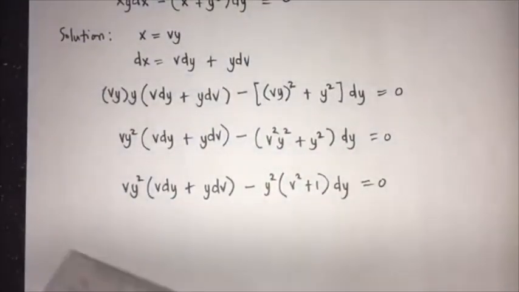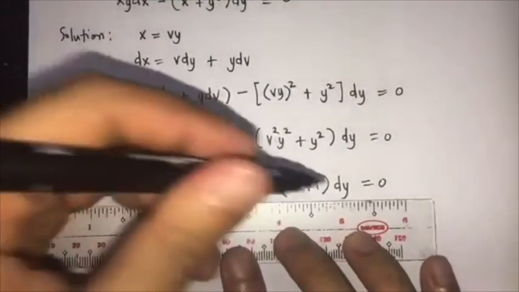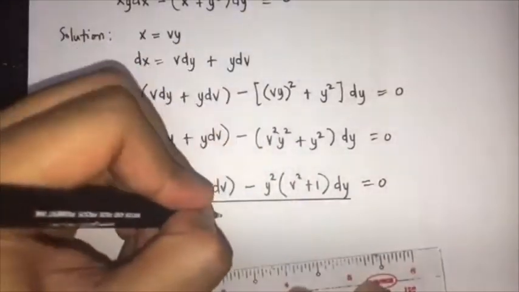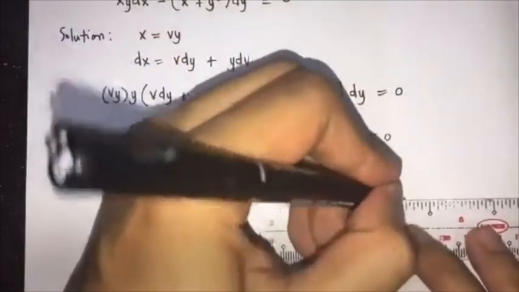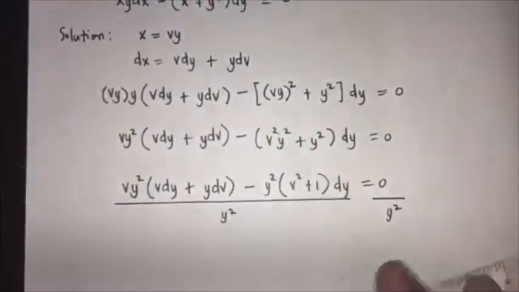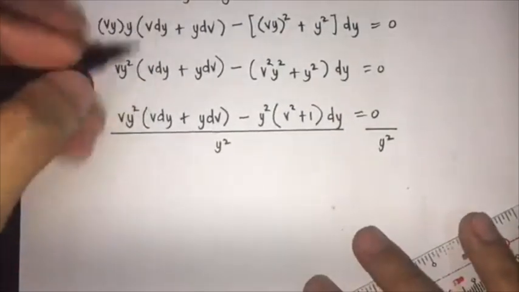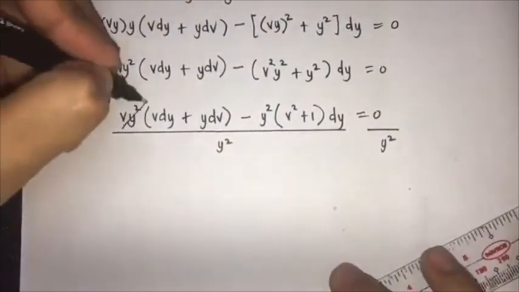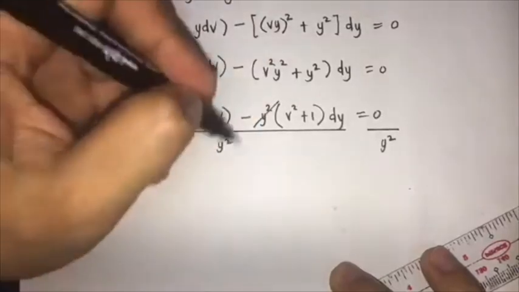So dividing both sides by y squared, the other side also, then we can cancel out y squared here and y squared there.